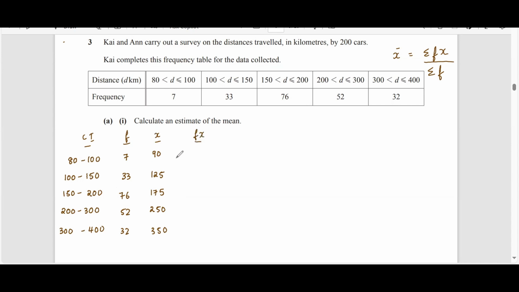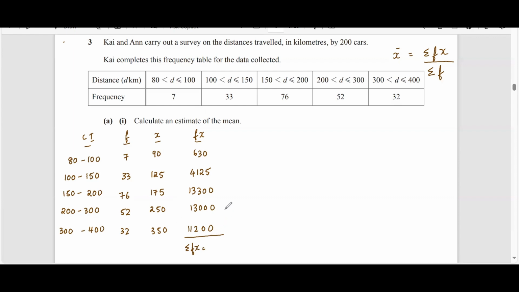So the fx values: 7 into 90, for that we can use the calculator here. 7 into 90 is 630. 33 into 125 is 4125. 76 into 175 is 13,300. 52 into 250 is 13,000. And 350 into 32 will give us 11,200.